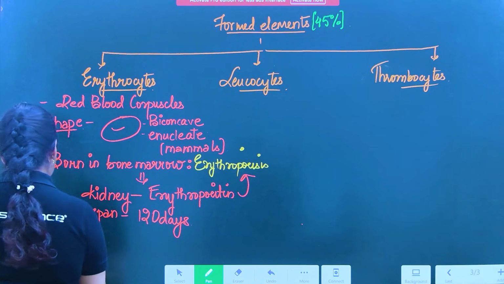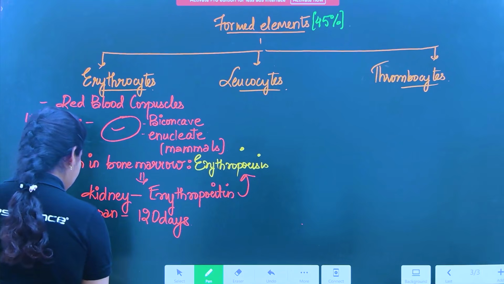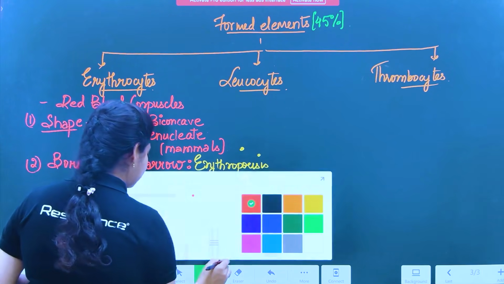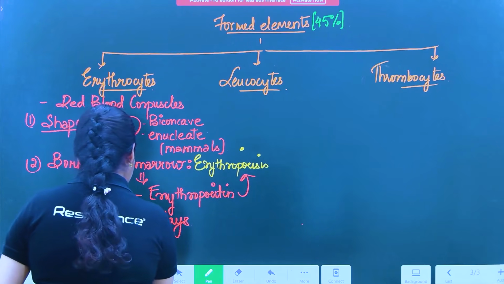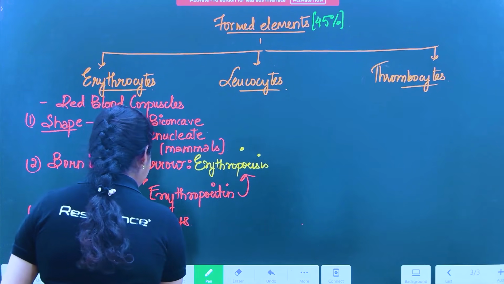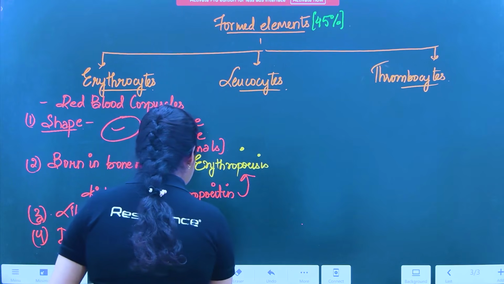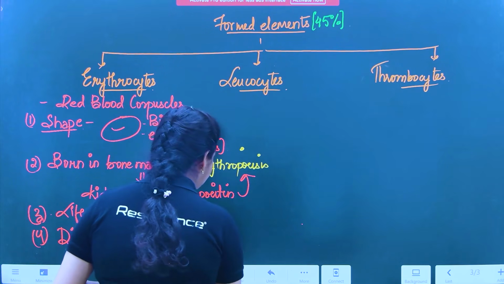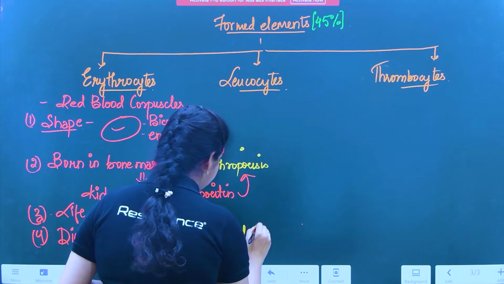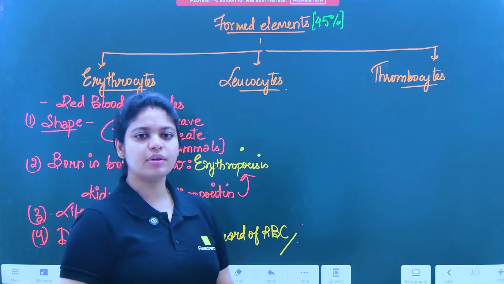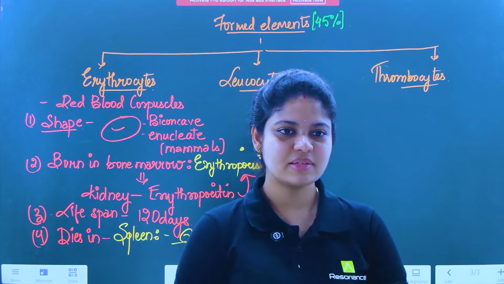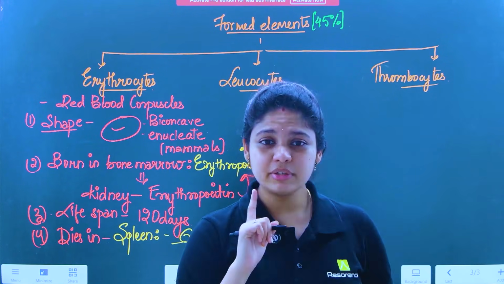So moving on, it dies in spleen, and that is the reason why spleen is called as the graveyard of RBC. Is it clear? Okay, not liver.